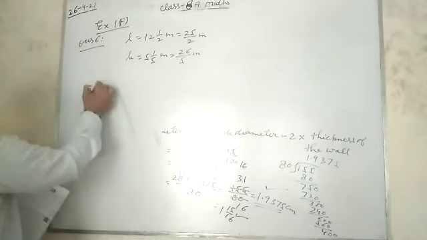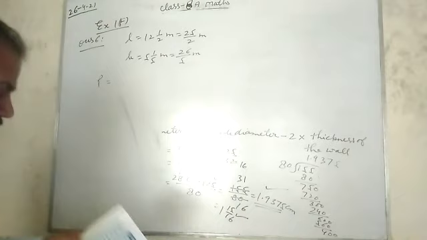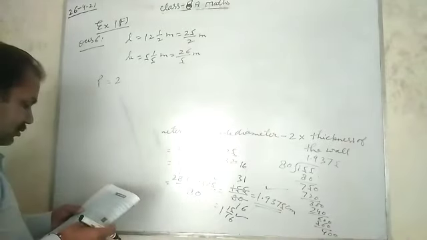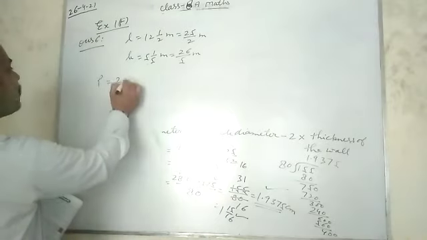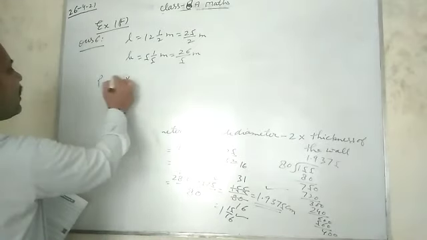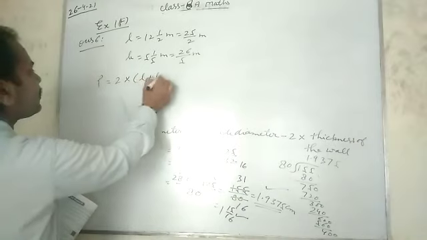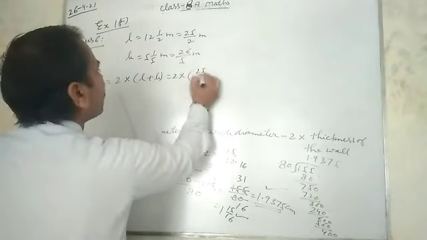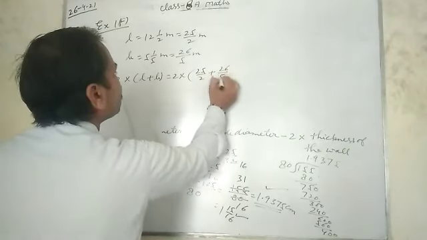So perimeter, suppose P. So perimeter of rectangle is 2 into length plus breadth. So 2 into length 25 by 2 plus 26 by 5.